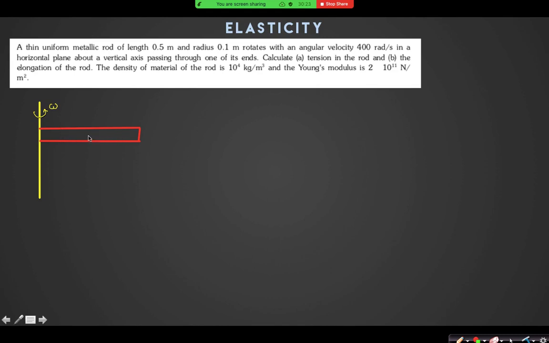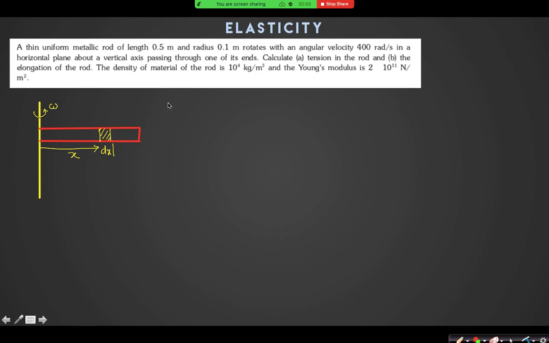No, sir. If I take a small cross section of this rod at a distance x from this end that has a small thickness dx, then I will only focus on this small portion, and you can see that the tension on this small portion is due to the right part of this rod. Yes or no?